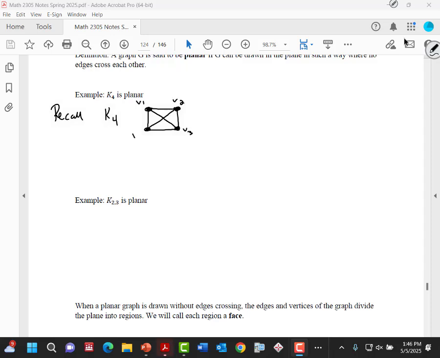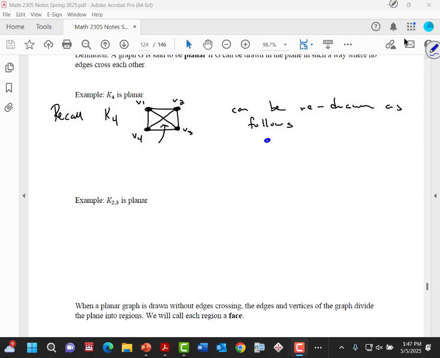So this is K4, okay? Now, you might be saying, well, wait, Professor Wicks, you drew it and the edges are crossing. Yes, you are correct. Notice that these edges right here are crossing each other, okay? But my claim is that this graph can be redrawn as follows.